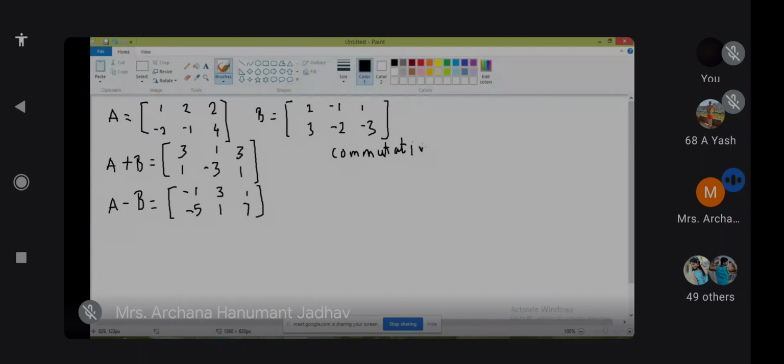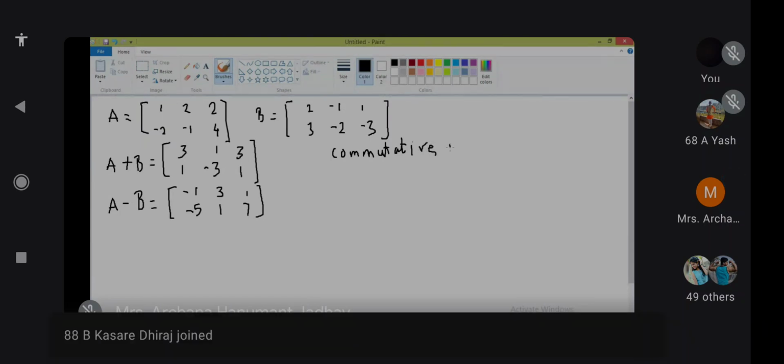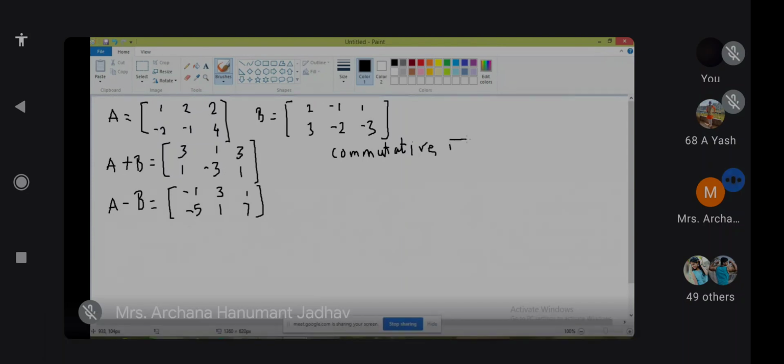This is only for addition. So simply, if we add A plus B, A plus B is equal to B plus A.